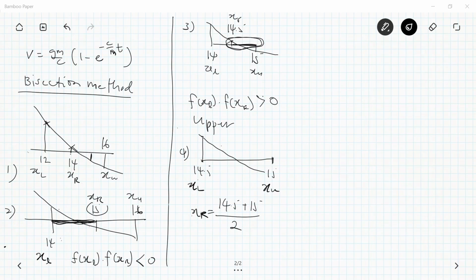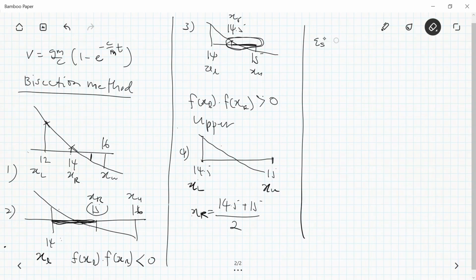The requirement is that epsilon A must be smaller than or equal to epsilon stopping. Sorry, not epsilon S, the other way around. In our case, our epsilon S is 10 to the minus 6, and our EA is equal to what?